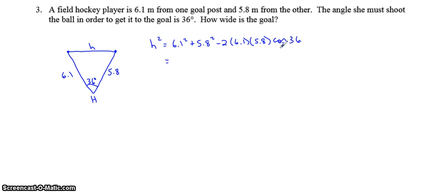In your calculator, this part gives you 13.60, and when you take the square root, you get a final answer of 3.7 meters.